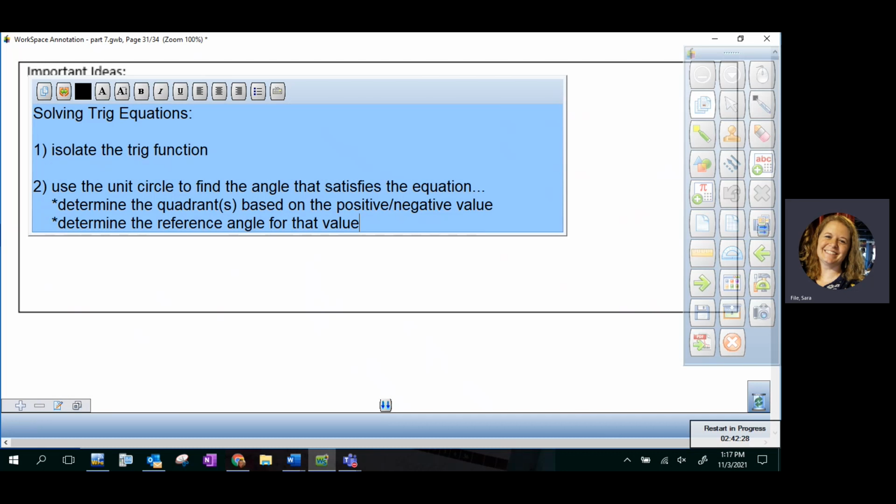Once you know which quadrant it's supposed to be in and what reference angle it is, you either know it if you know your unit circle well, or you can search on your unit circle for it.